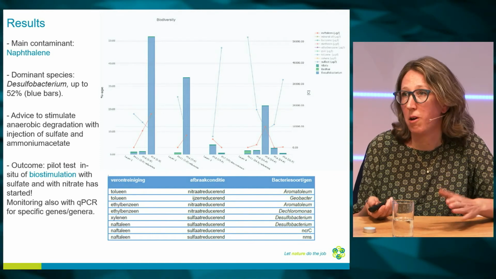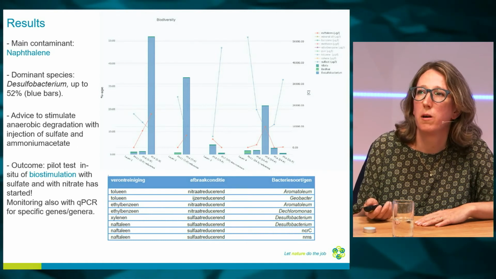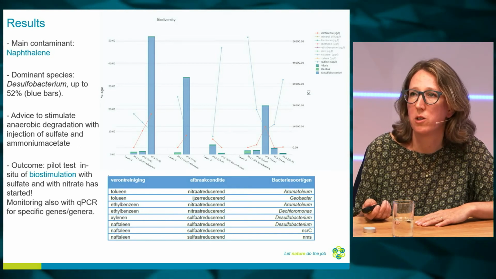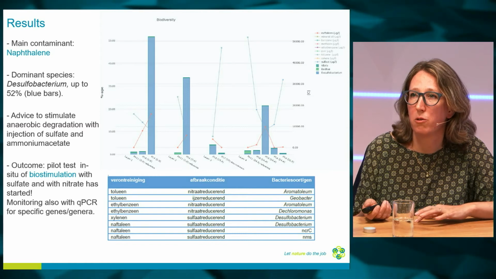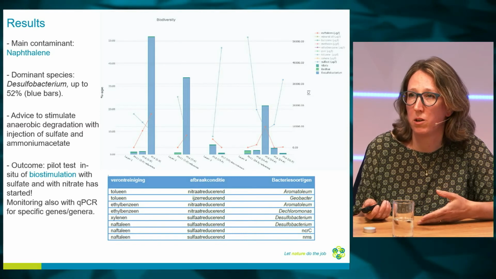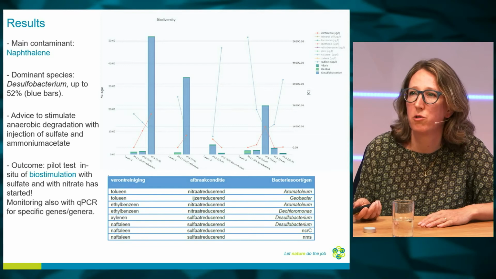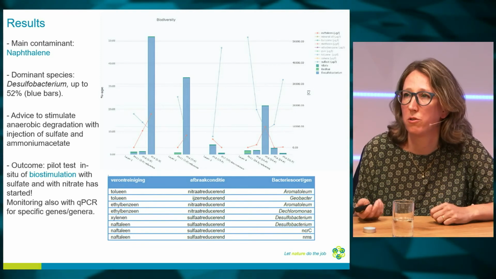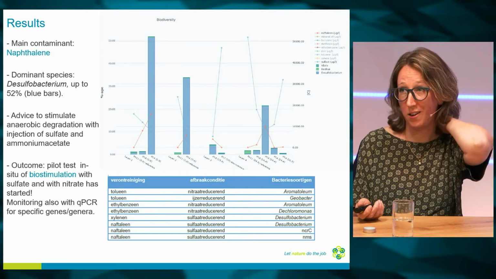And based, among others, on these results, a pilot has been started at this location to stimulate degradation by adding sulfate in one pilot, and nitrate in the other pilot, to see if we can really enhance the microbial degradation at this site.